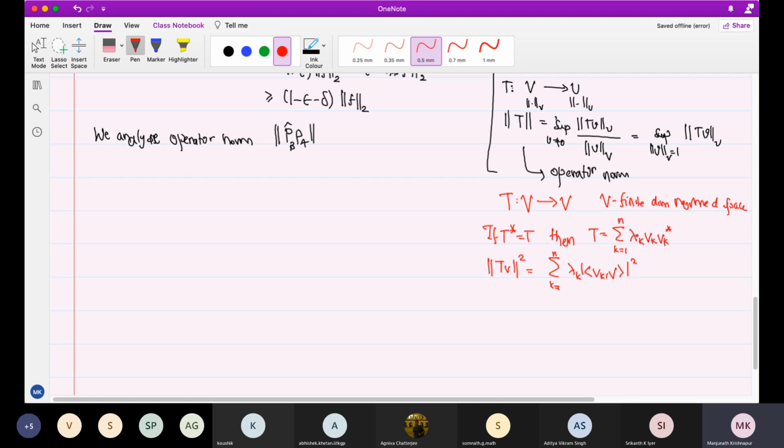So the norm squared will give you the sum of lambda k squared times the inner product of V with Vk squared. Now, obviously, this is less than or equal to the maximum of... let's take norm V to be 1. So this will be less than or equal to the max of mod lambda k squared. If you pull that out, what you are left with is the summation of the inner product of V with Vk squared, that is 1.